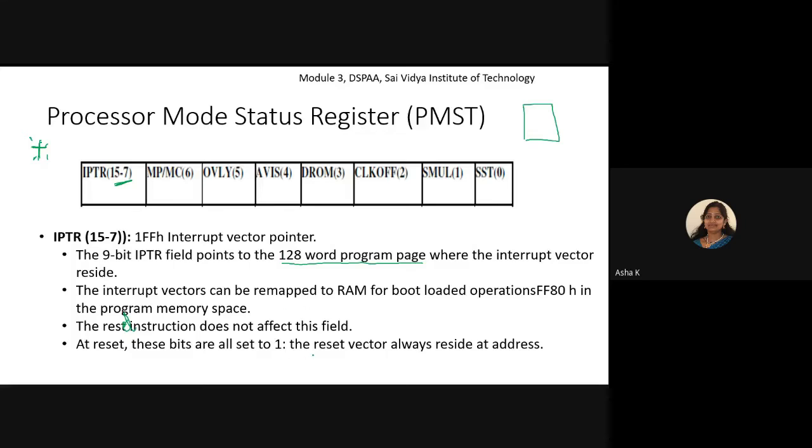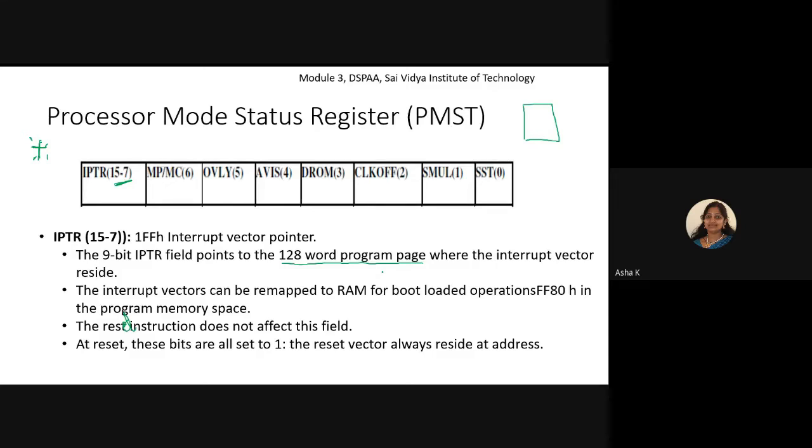The reset vector always resides at the address itself. So whatever the memory address that they have given, the 128-word program page memory, the interrupt vector will reside there. So even when we are performing the reset operation, software reset and hardware reset, two types of resets will be there. Based upon that, this particular IPTR bit, that is the interrupt vector pointer bit, is going to be altered.